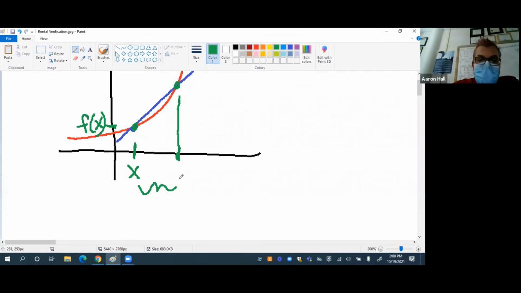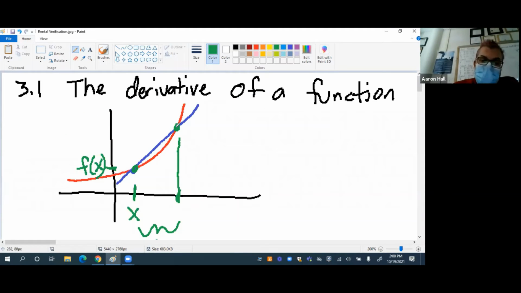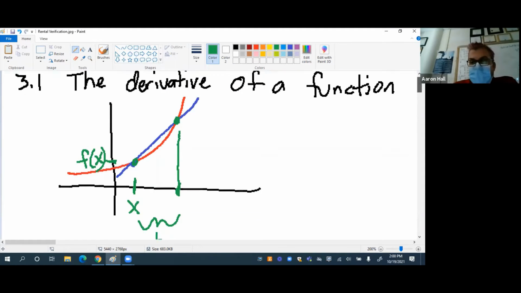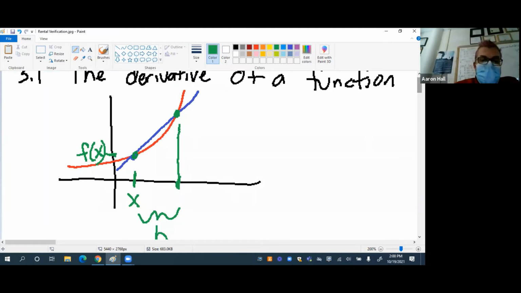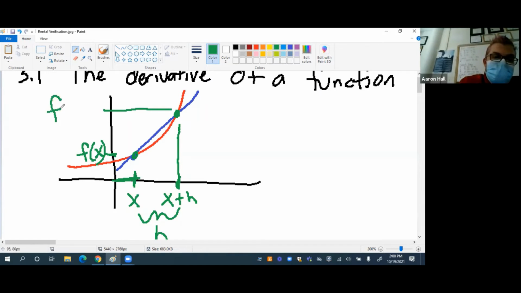We'll call this some value of h, which means the x value for this corresponding point is what? Yeah, it's x plus h. It's this value of x plus another value of h, with a corresponding y value of f of x plus h.